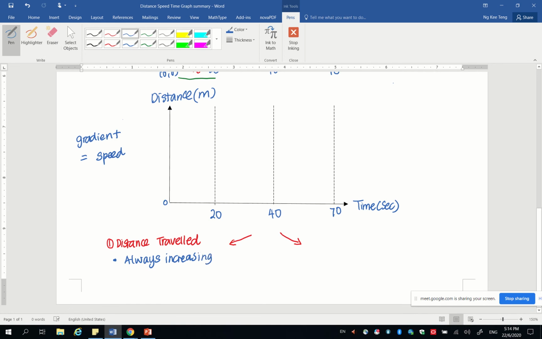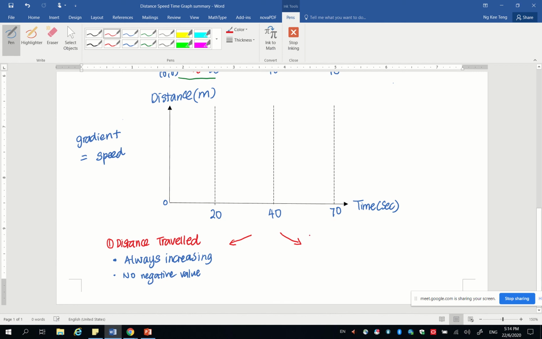Number two, there will be no negative value, because distance is always positive, right? There's no negative distance.